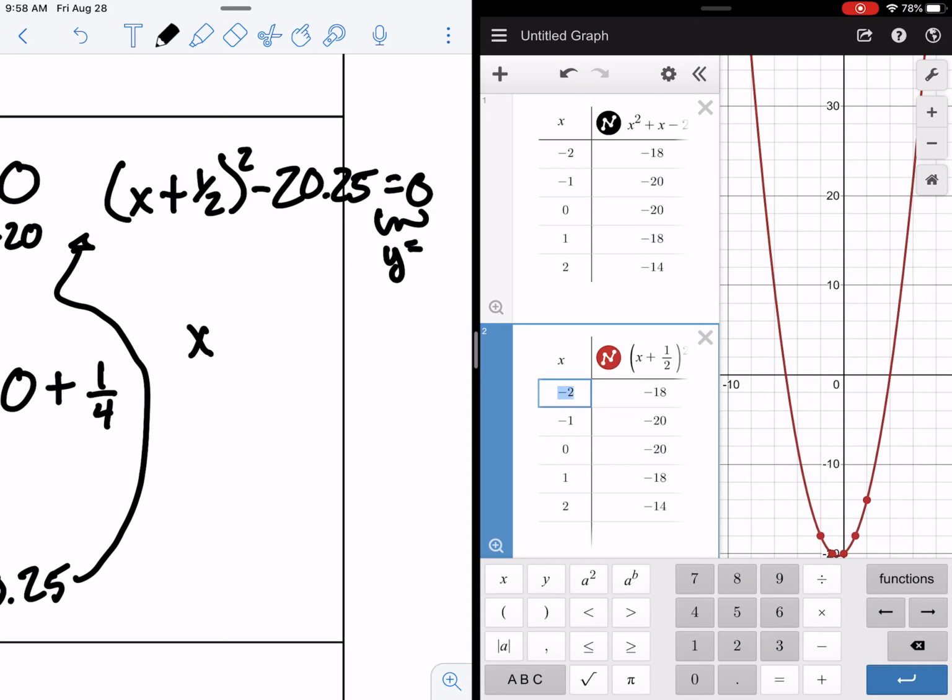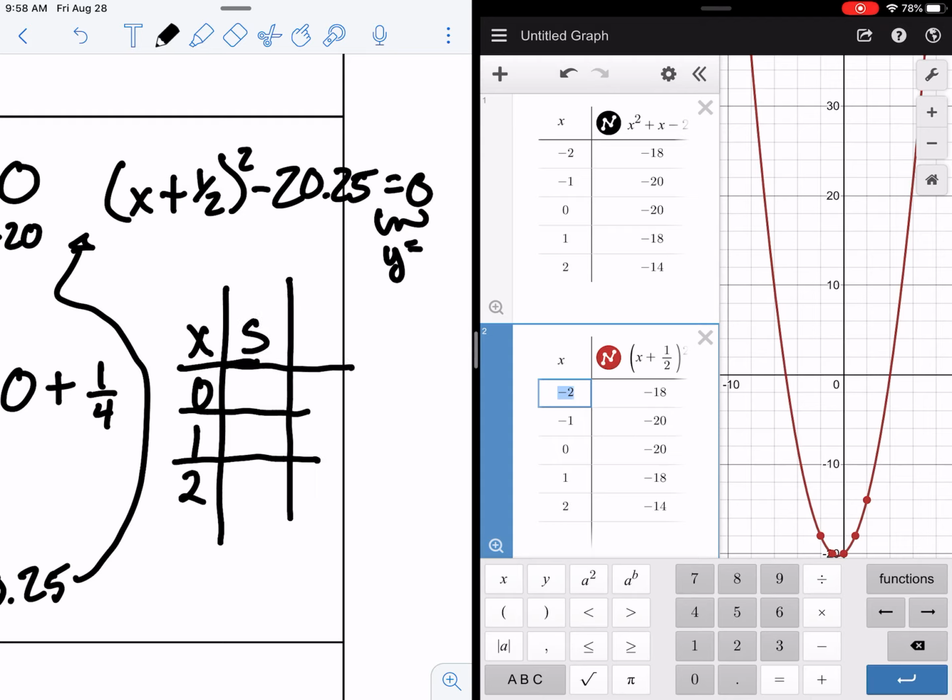I have my x values. I'm going to pick 3 of them: 0, 1, and 2. My standard form, my vertex form. Another way you can write this is your given and your answer.